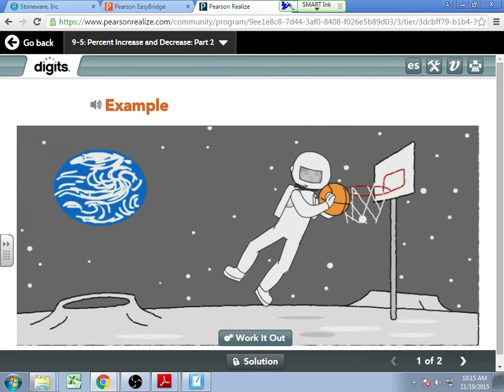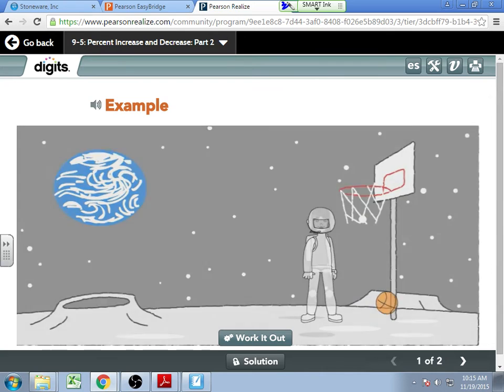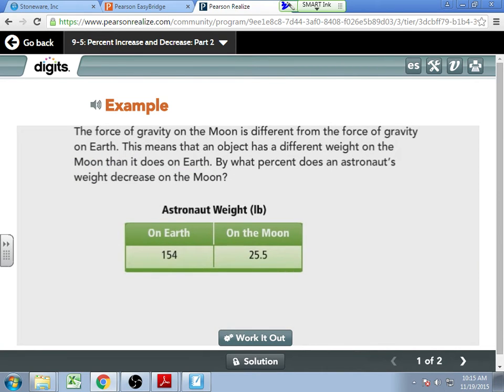So, in reality, on the moon, there is still gravity. Why did it drop? He let go of it and it dropped. So there's still gravity. There is still an atmosphere, but much less gravity than on Earth. This is the difference between mass and weight.